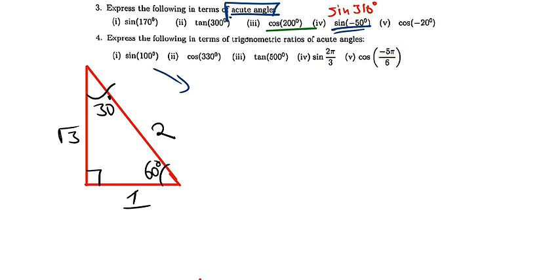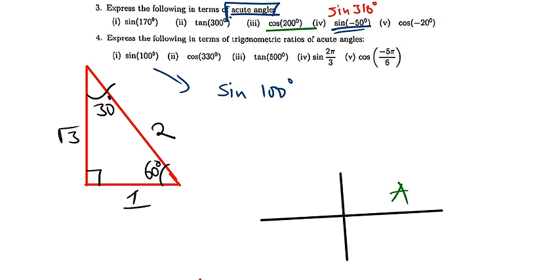So the first step is to find the acute angle. Now, sine 100. Always you're advised to draw the quadrant. All Students Take Calculus. Then, if you look at that, where is 100? Remember it is 0, 90, 180 or pi, and then this is 270, 360.